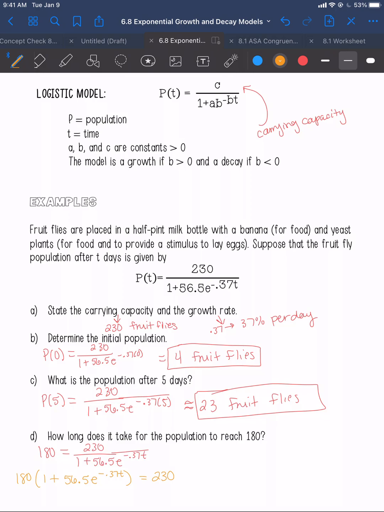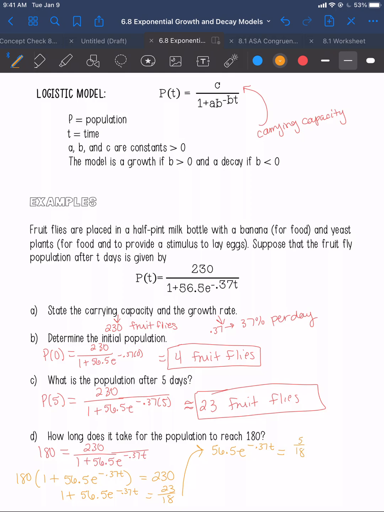Divide both sides by 180, so we're left with 23 over 18. Subtract 1 from both sides, and we have 56.5 e to the negative 0.37t equals, you could write it as a decimal if you want, but I got 5 over 18.